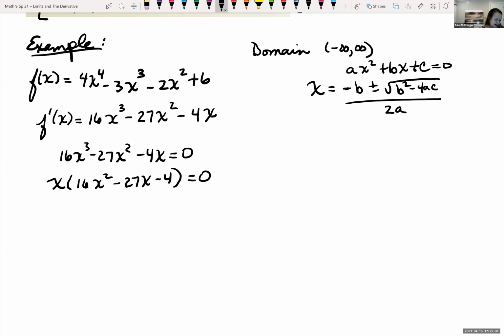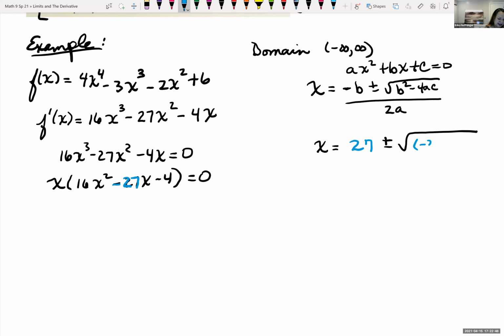So let's do that on the side. We're going to get x is equal to negative b. So the negative of negative 27 is positive 27, plus or minus the square root of b squared.